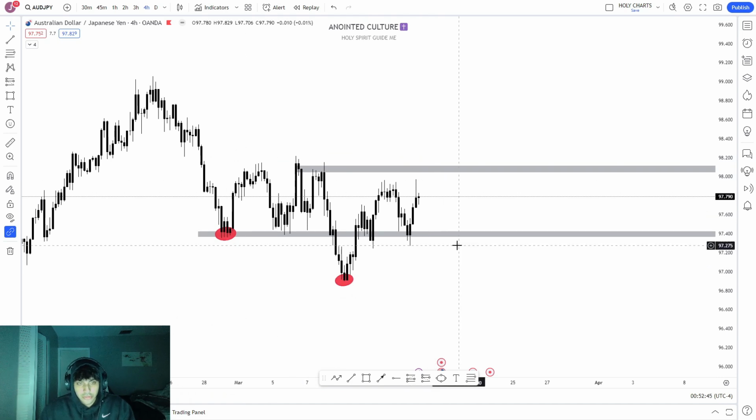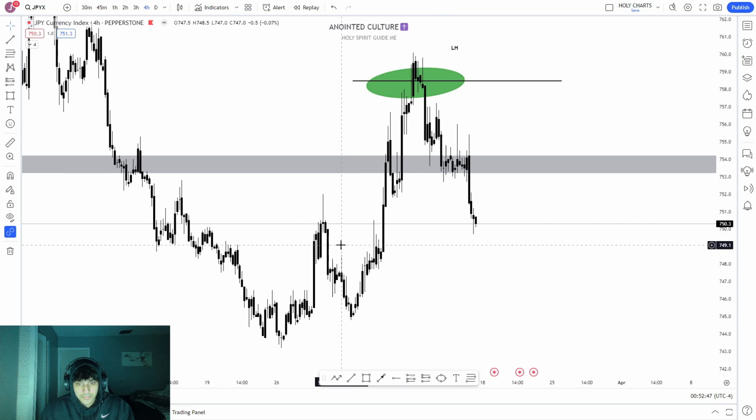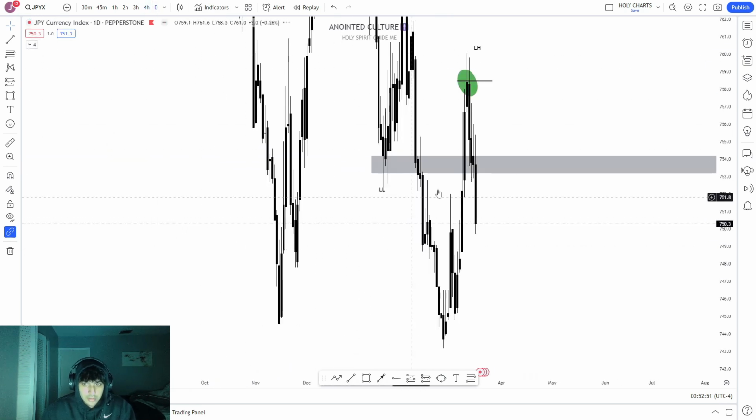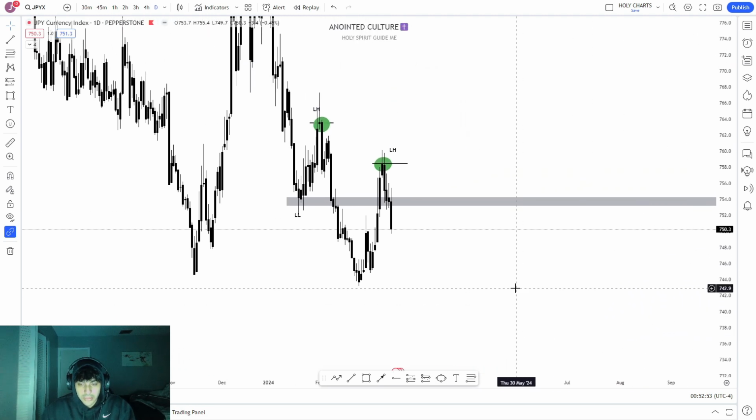And remember, if we look at the JPY index on the 4 hour, it was also bullish. But if we look at the daily, it's clearly bearish, meaning it's gonna dump. AUDJPY, meaning the base pair is AUD and the quote is Japanese yen. If the Japanese yen is going up, the base pair AUD is gonna go down pretty much.